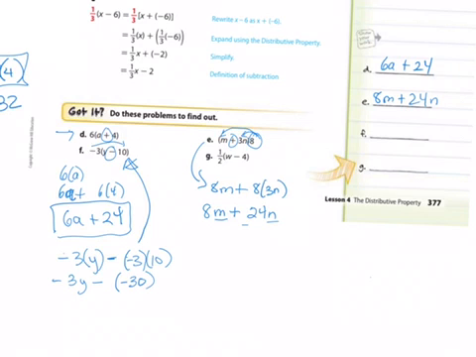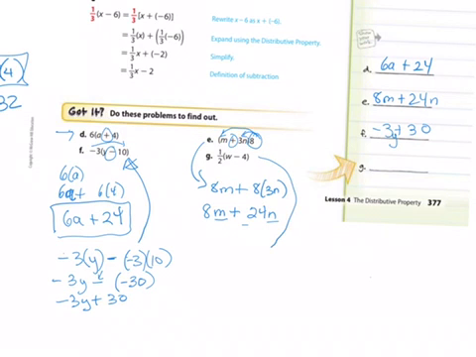And we can simplify this a little further by saying a negative 3y plus 30, because we don't subtract, we add the additive inverse. So our final answer would be negative 3y plus 30.